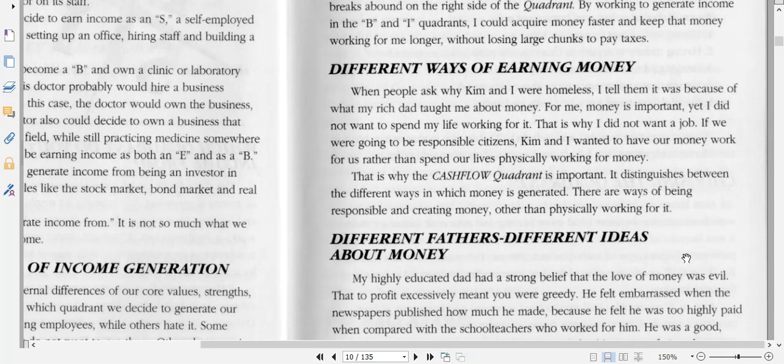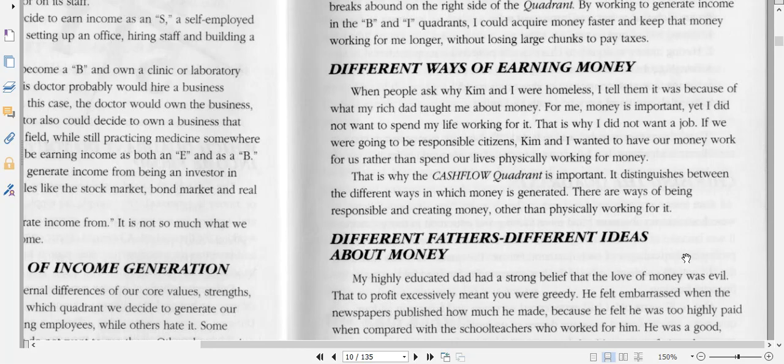Different ways of earning money. When people ask why Kim and I were homeless, I tell them it was because of what my rich dad taught me about money. For me, money is important, yet I did not want to spend my life working for it. That is why I did not want a job.